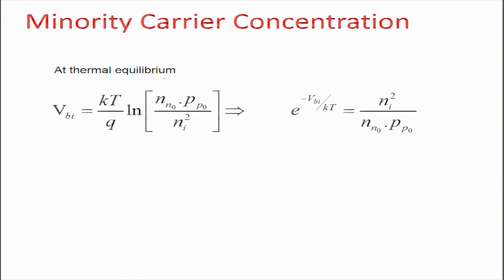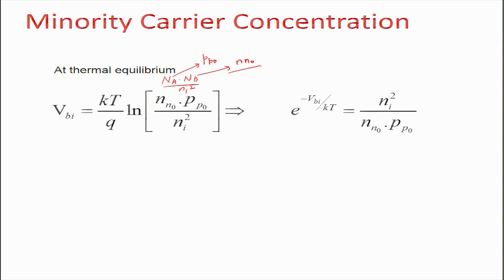So this was basically, if you remember, Na into Nd divided by ni square. So I can calculate a relation for Vbi.